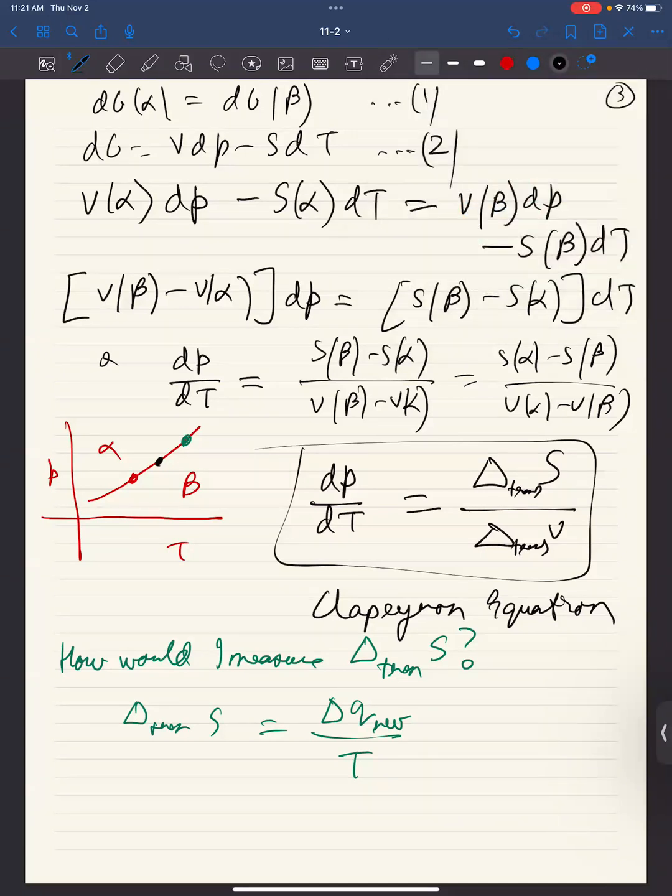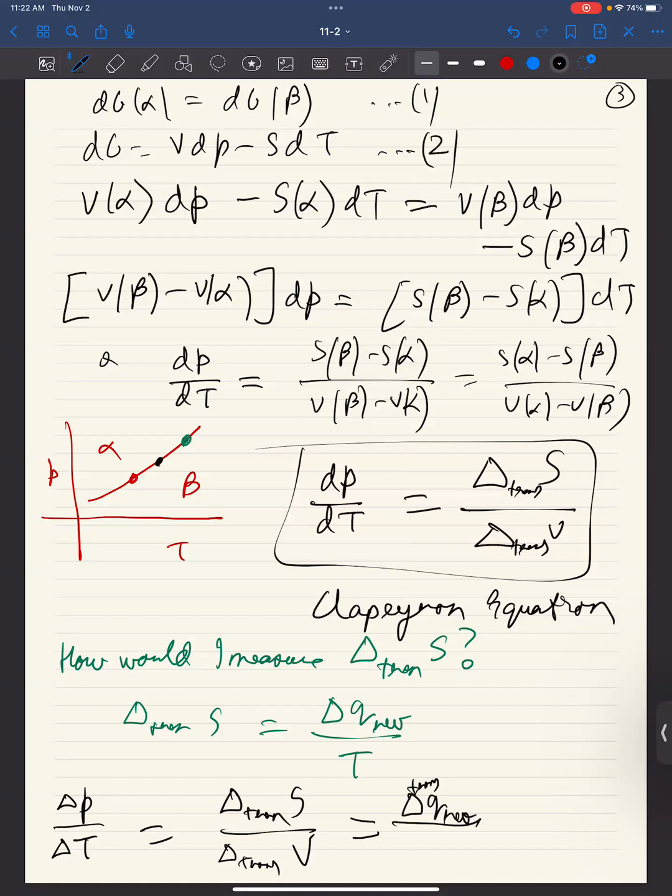So delta P by delta T is equal to delta transition S by delta transition V, which is equal to delta Q reversible during the transition divided by the temperature of the transition and the volume change during the transition.